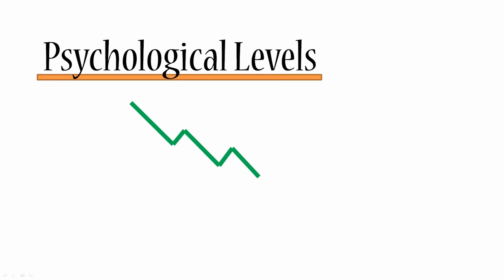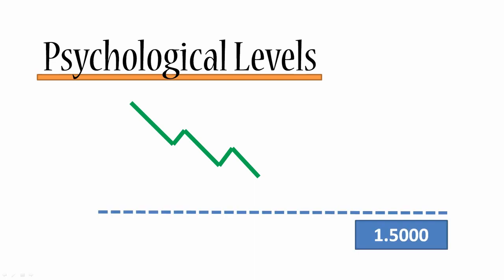They're a bit different in the sense that the price is just in a trend, and then we identify a level which is very often a round number. So for example, 1.5000. That is a number that plays with the minds of traders, because they don't know whether the price is going to bounce off it or cross it.